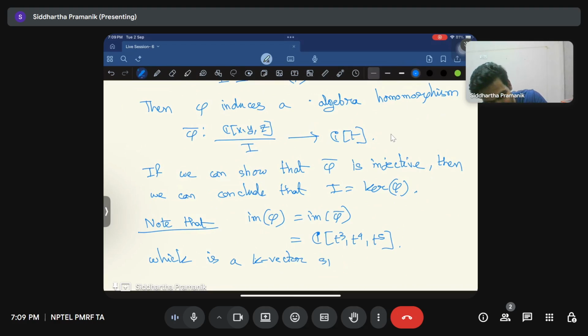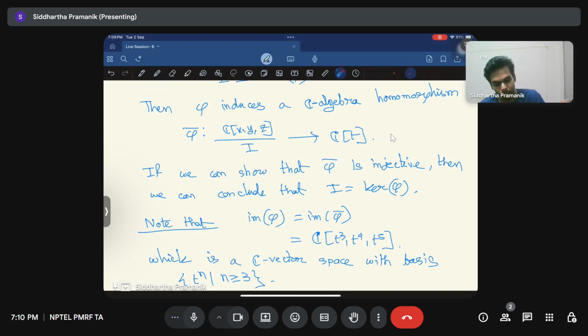I am using C here. So what is the basis? Its basis is t^n where n is bigger than or equal to 3. All the monomials t^n are there where n is at least 3. Now, can we find a K vector space basis for the left hand side?